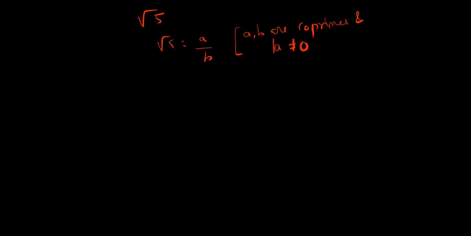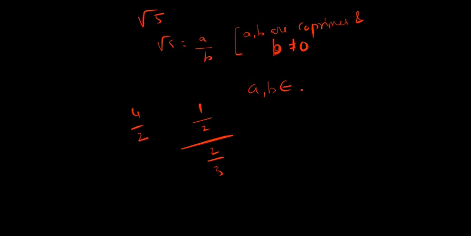Why don't we take a comma b belongs to rational numbers? Because this a and b should not be fractions. I have told you, right? 4 by 2 is not a number because we have to simplify. If they have given the fraction 1 by 2 divided by 2 by 3, this is also not a number. If a comma b belong to rational numbers, they can also be fractions.